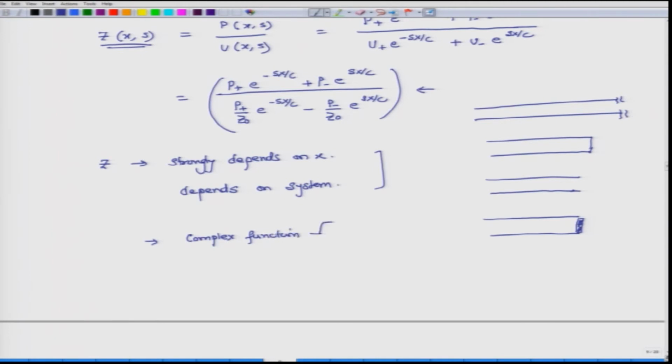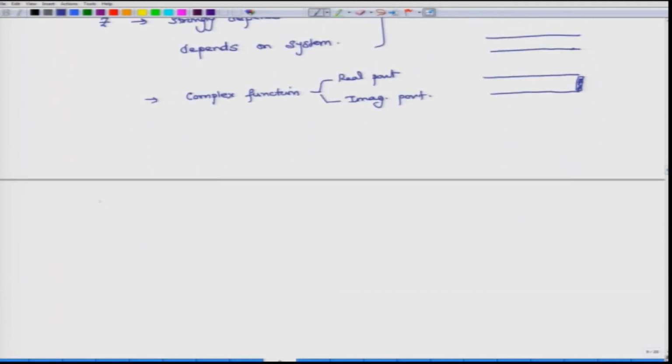It has a real part and it has an imaginary part. So, in general, I can express Z of x and s as a sum of two other functions, R, which can also vary with x and s, plus j times Y, which can also vary with x and s.